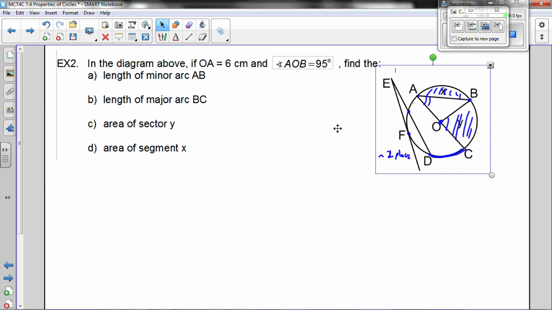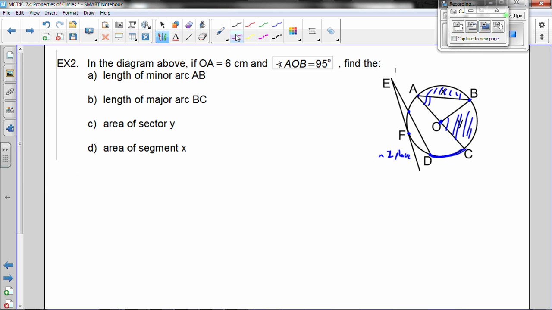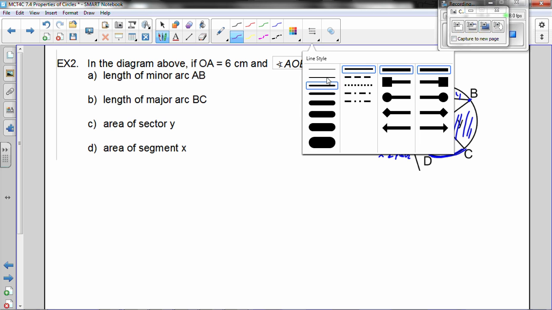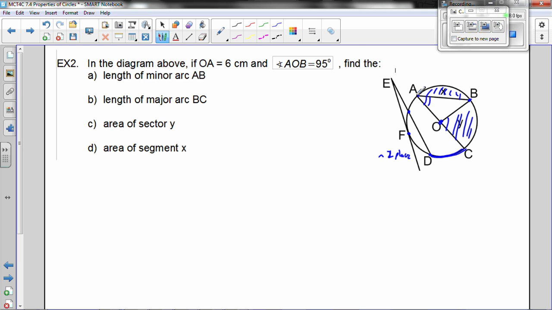Okay, so the length of minor arc AB, this one right here. Well, we were kind of figuring out this stuff before.